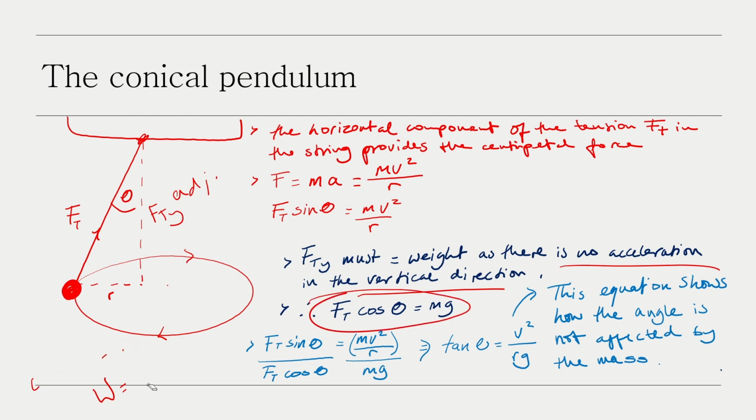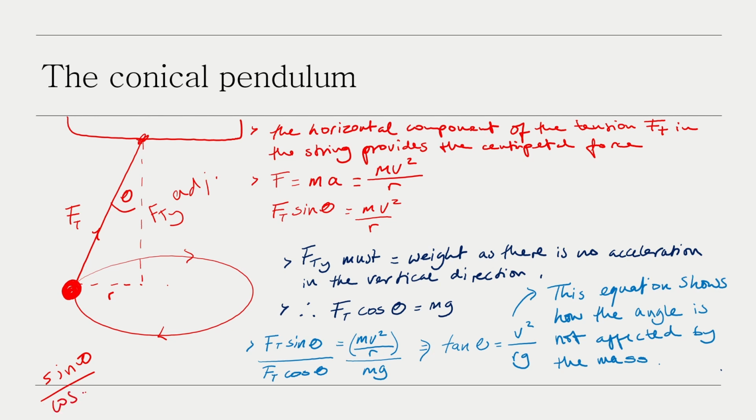So what happens when we have the vertical and the horizontal component? Well, we can start putting them together. If we express this as a trigonometric function, then we can put the pieces together, because we know that sine theta over cosine theta is equal to tan theta.